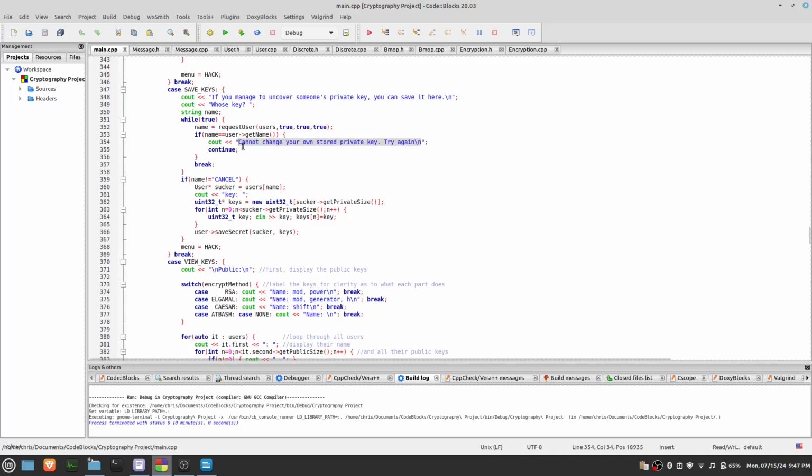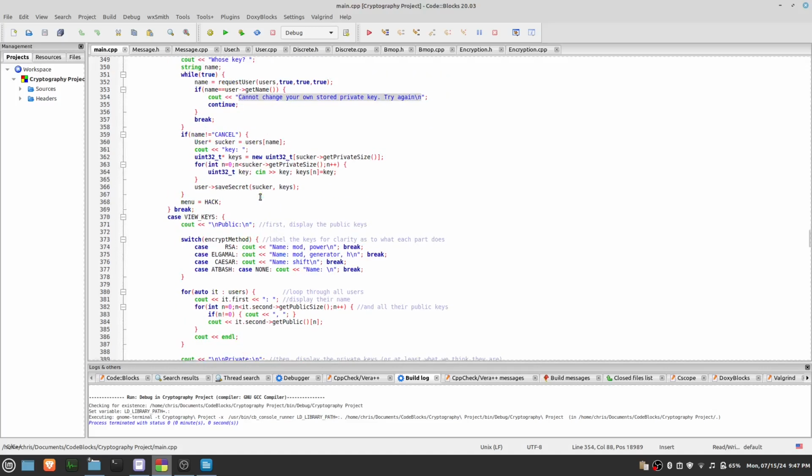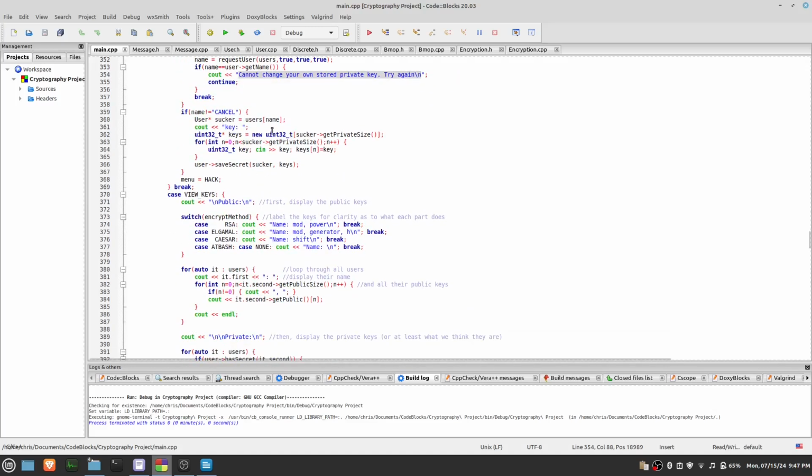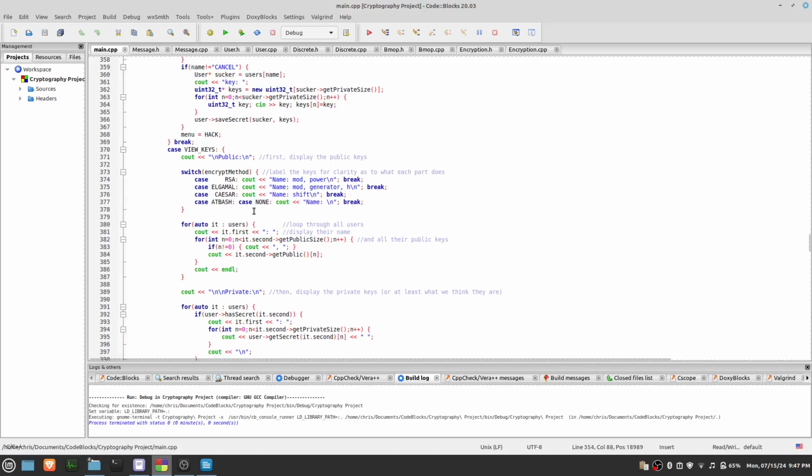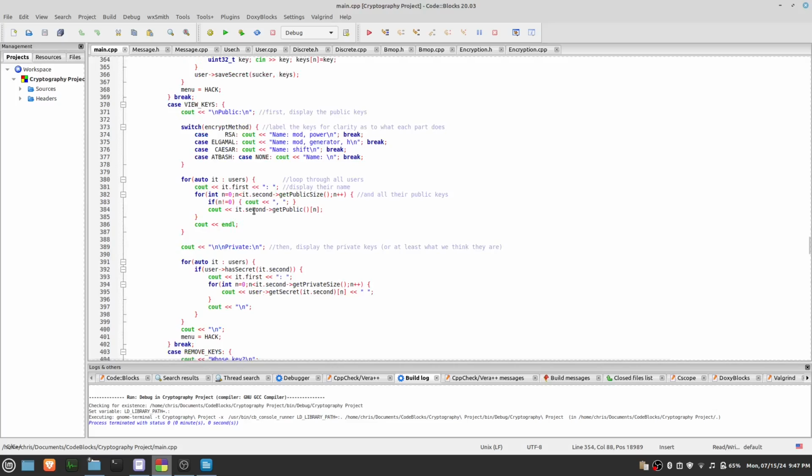You might as well just make it so we can't save or change our own keys, or change the key that we think we have. There's nothing in here that lets you change your own key, like your actual key. I guess that would be kind of cool, although you'd have to retroactively change all the previous conversations, so that'd be a nightmare.